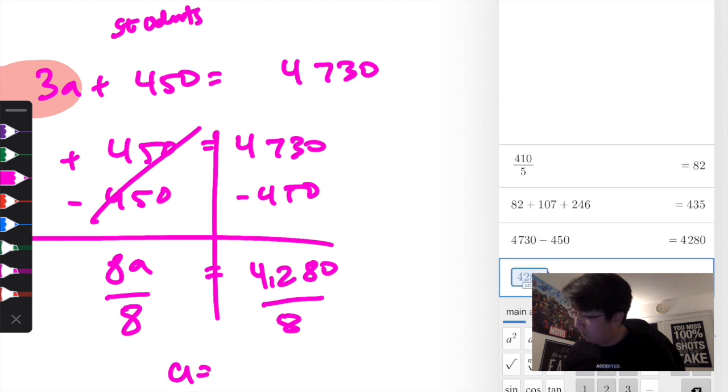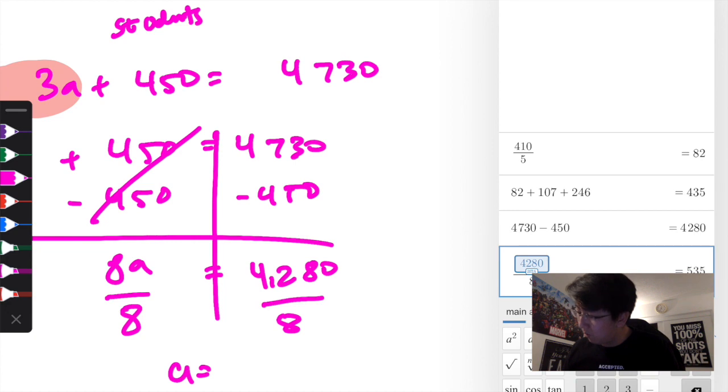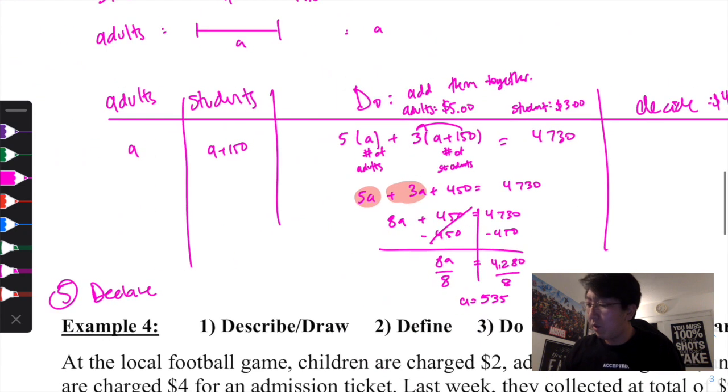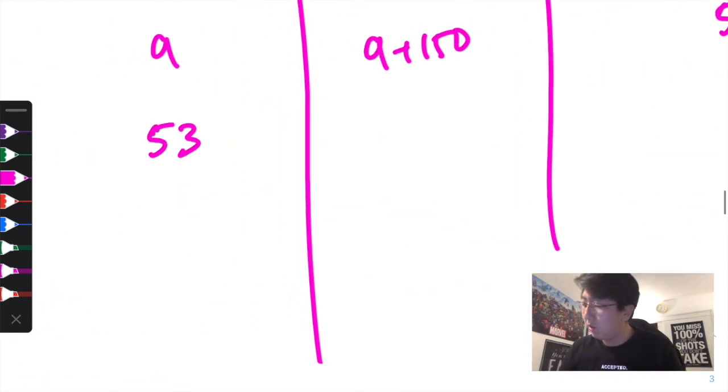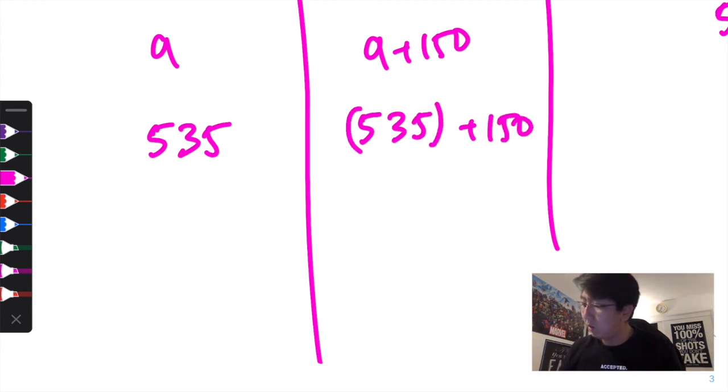Divided by 8, adults was 535. So this is 535 adults. This would be 535 plus 150. That'd be 685 students.